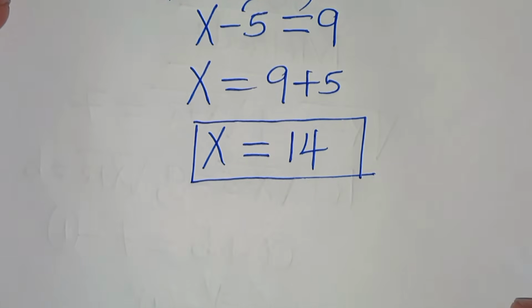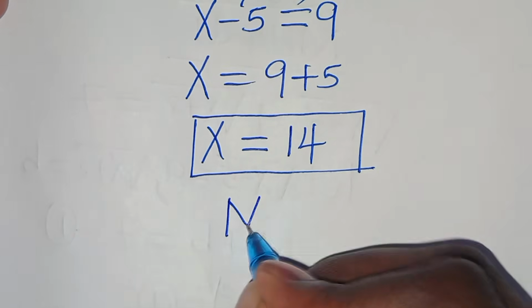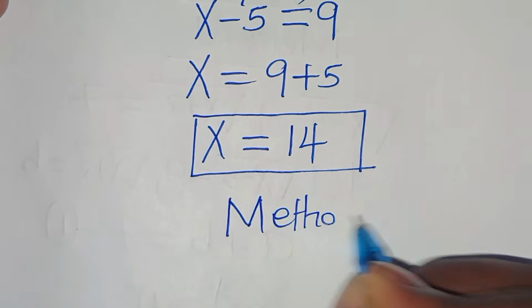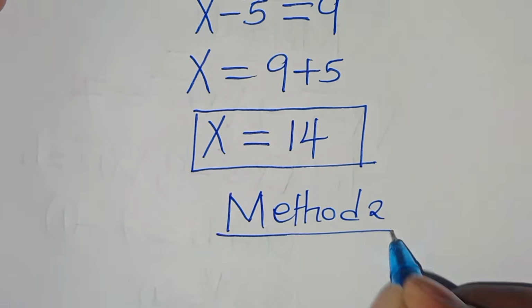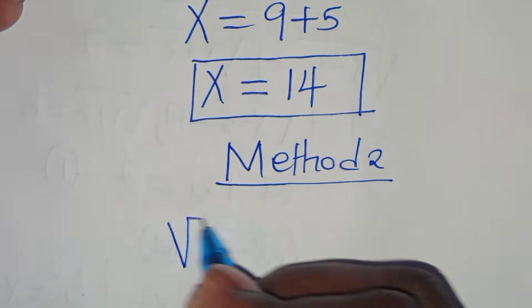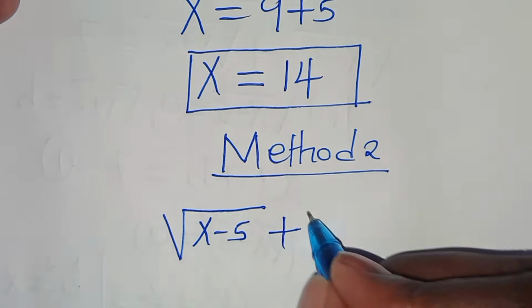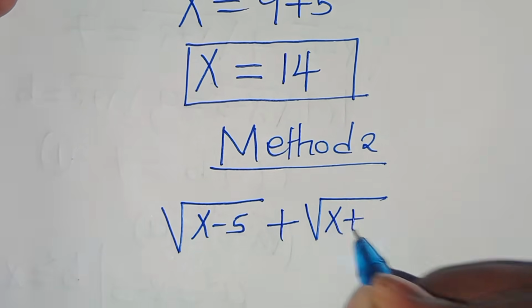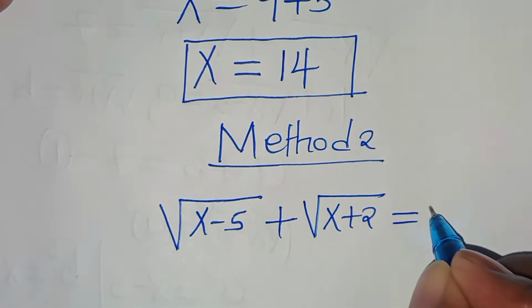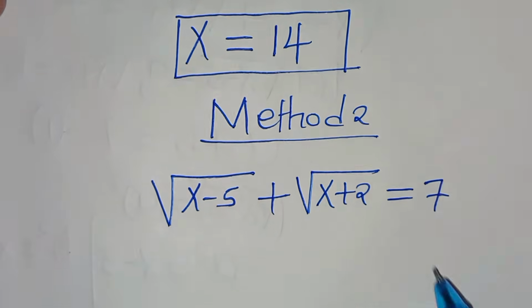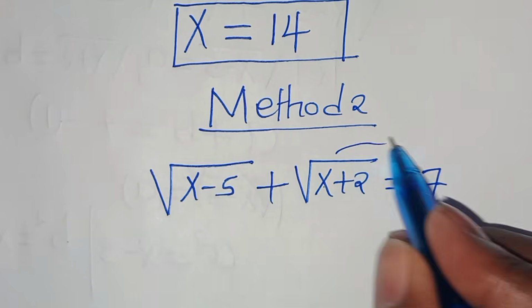Now let's solve this by applying method 2. In method 2, we have the square root of x minus 5 plus the square root of x plus 2 equal to 7. Now let's take the square root of x plus 2 to the right hand side.